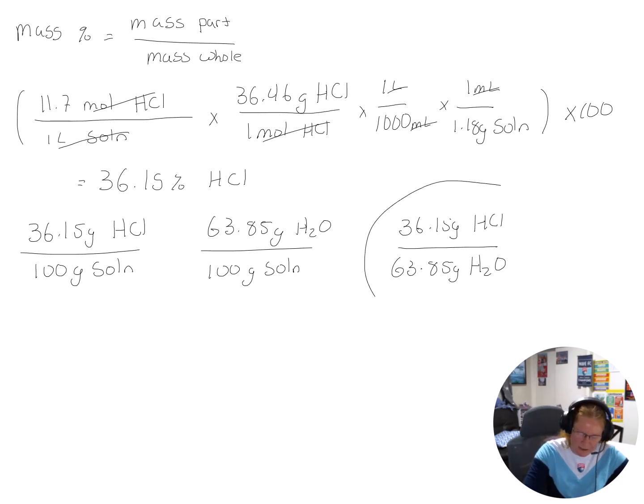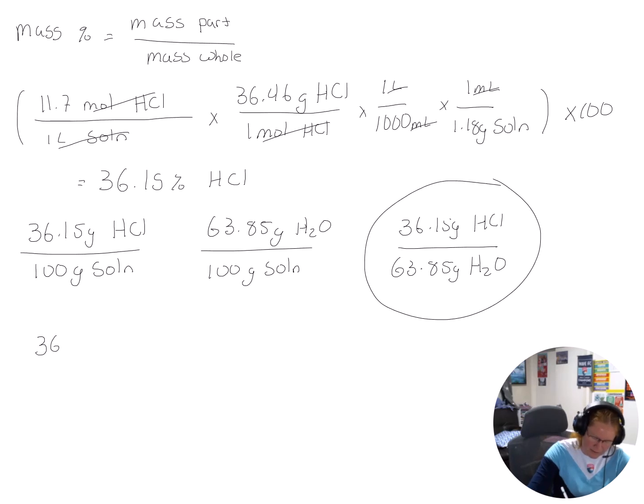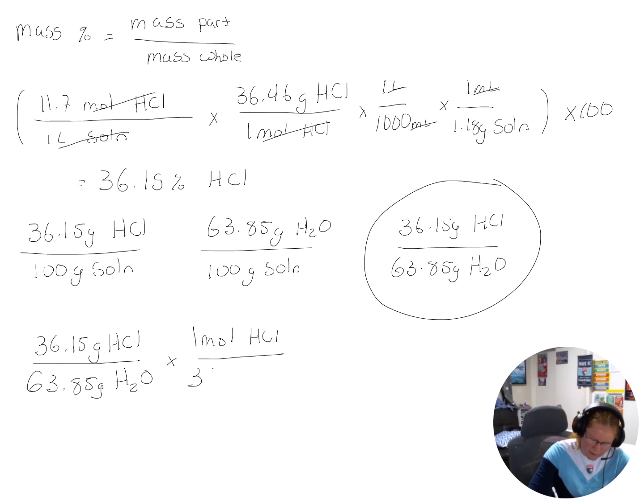Now remember, molality is the moles of the solute over kilograms of solvent. So this right here will let us make that conversion. So I have 36.15 grams of hydrochloric acid for every 63.85 grams of water. Okay, I have 1 mole of hydrochloric acid for every 36.46 grams.